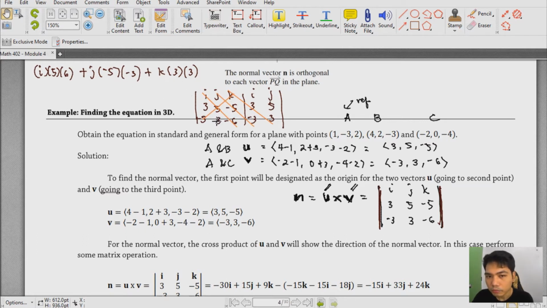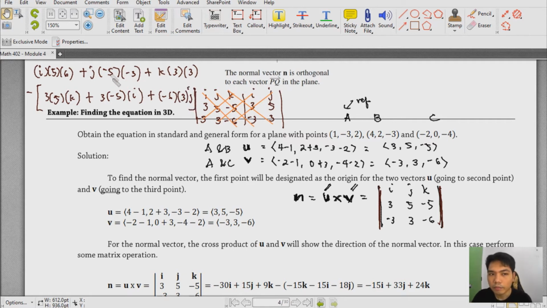So we have minus 3 times 5 times k. I can now add this since I already have a minus outside the whole expression. So I have 3 times negative 5 times i, and finally plus negative 6 times 3 times j.